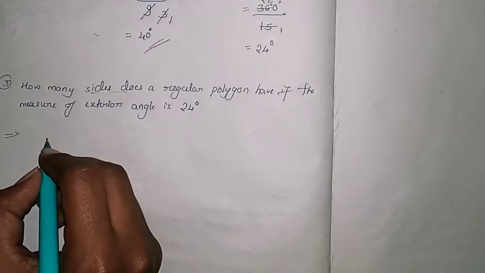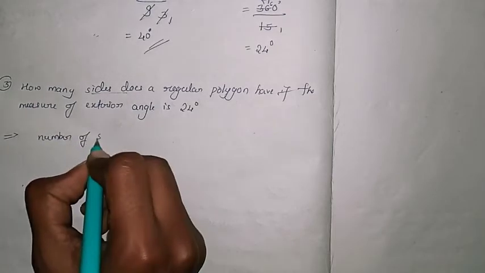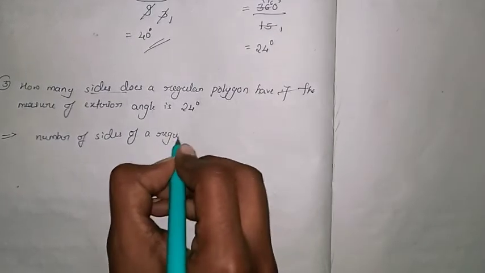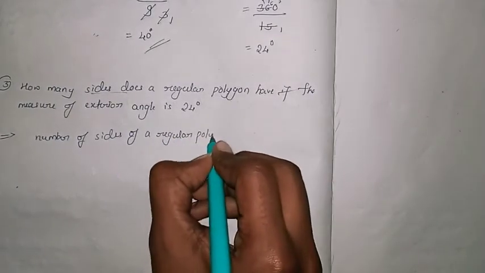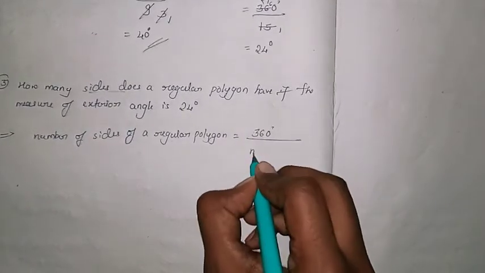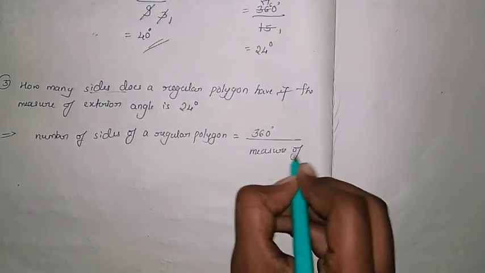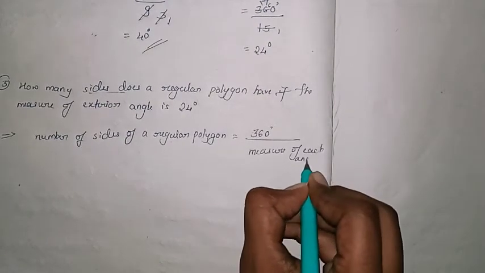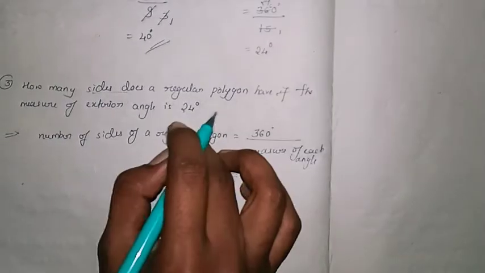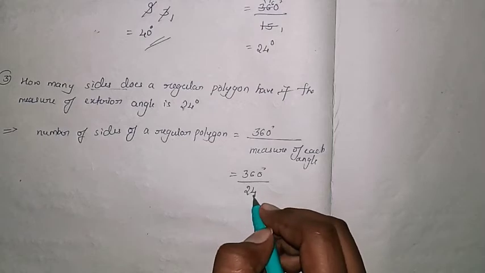So the formula is: number of sides of a regular polygon is equal to 360 divided by the measure of each angle. So it is 360 divided by, as they have given the exterior angle, the measure of each exterior angle is 24. So you have to divide the terms.